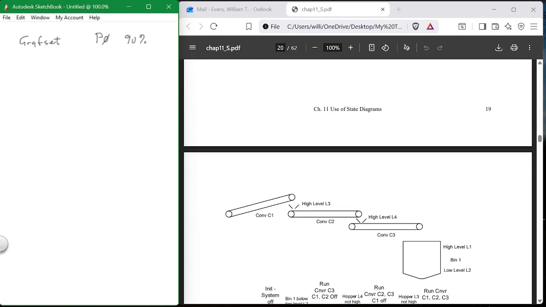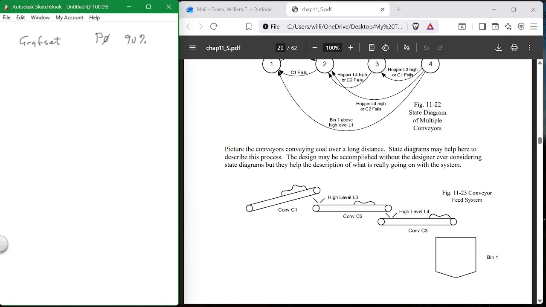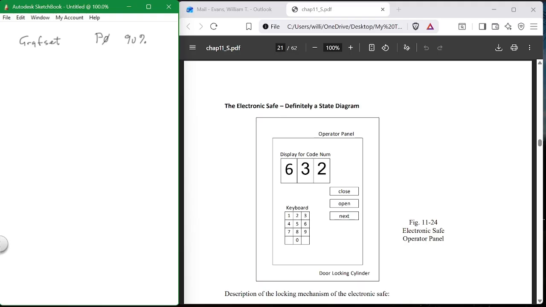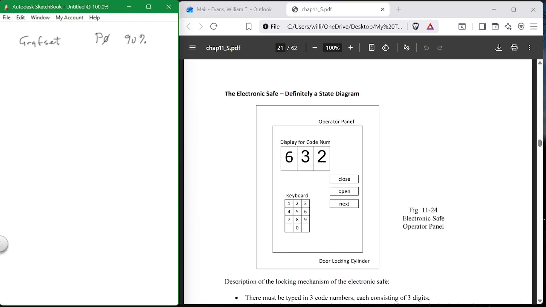So here is another state diagram, which I probably would never use, but I did talk about it a little bit. Here is a state diagram that is very useful. This is something like your button arrangement on the garage that you might have for opening your garage. And this is a 3-digit, 3-entry, 3 numbers to get into the safe, okay?